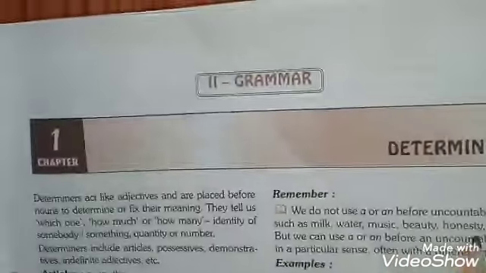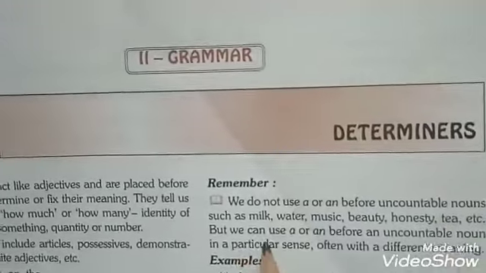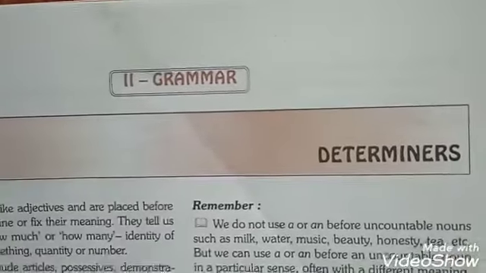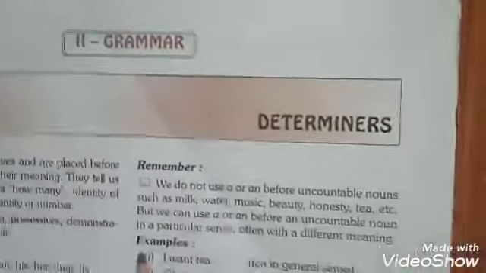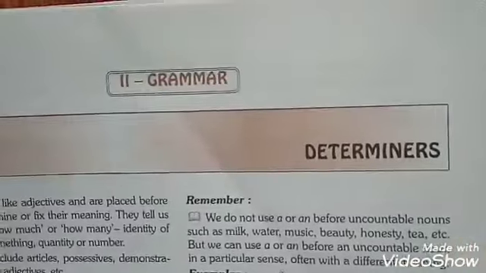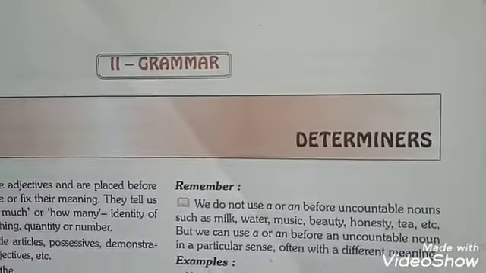Students, one reminder is here. We don't use a or an before uncountable nouns such as milk, water, music, beauty, honesty, tea, etc. But we can use a or an before an uncountable noun in a particular sense, often with a different meaning.